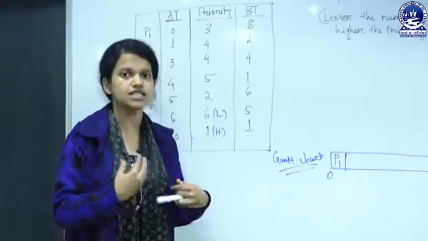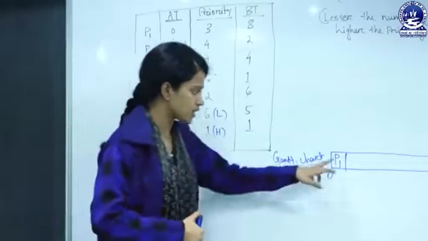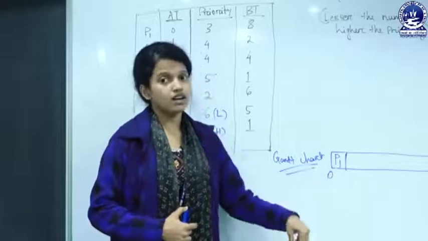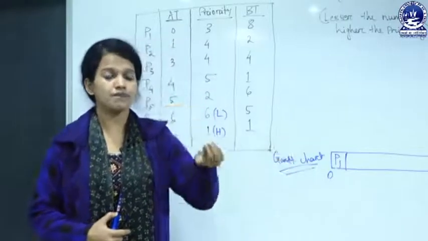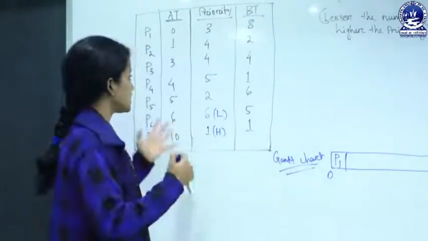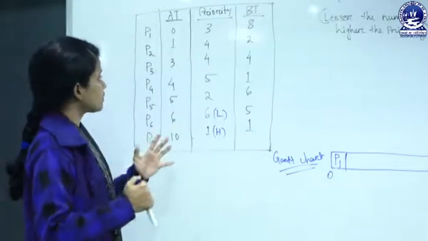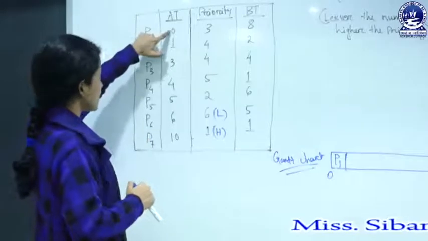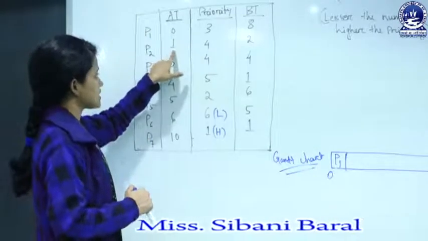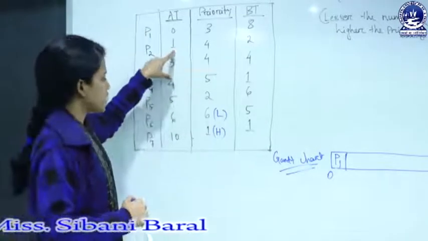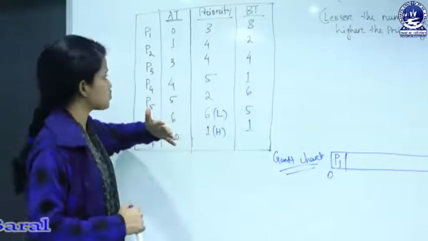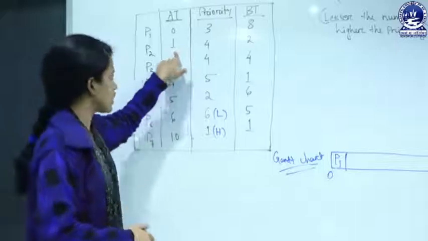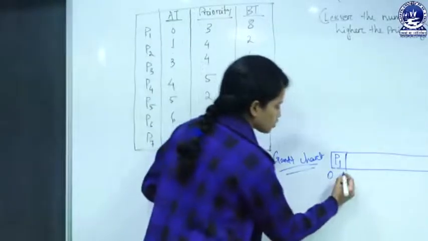We have to check every millisecond, and P1, the currently running process, will run till the next process arrives. The next process arrives in the ready state at 1, so we continue its execution till 1. It will execute from 0 to 1.